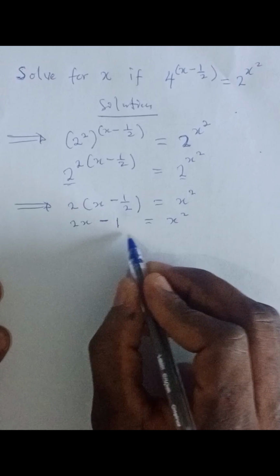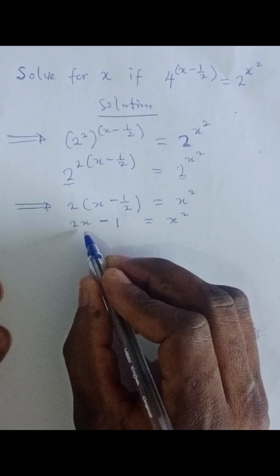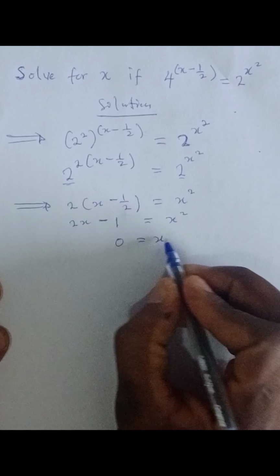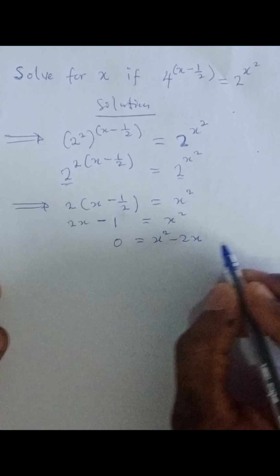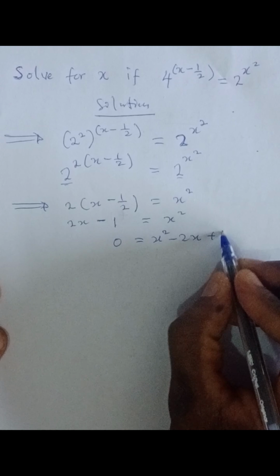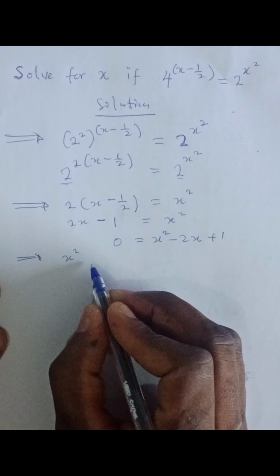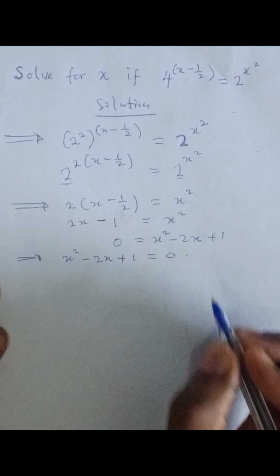So we can rewrite this by transferring all the terms to the other side. We have 0 equals x squared. When this one comes here, it will become minus 2x, and when minus 1 comes here, it will become plus 1, right? So which implies that x squared minus 2x plus 1 will be equal to 0.